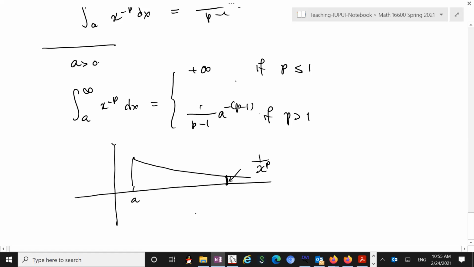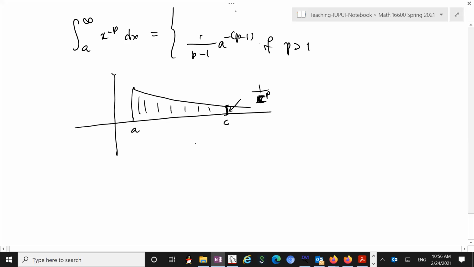If we put a c here, the length of the gap is 1 over c to the power p, and that approaches 0 fast enough to include finite area.